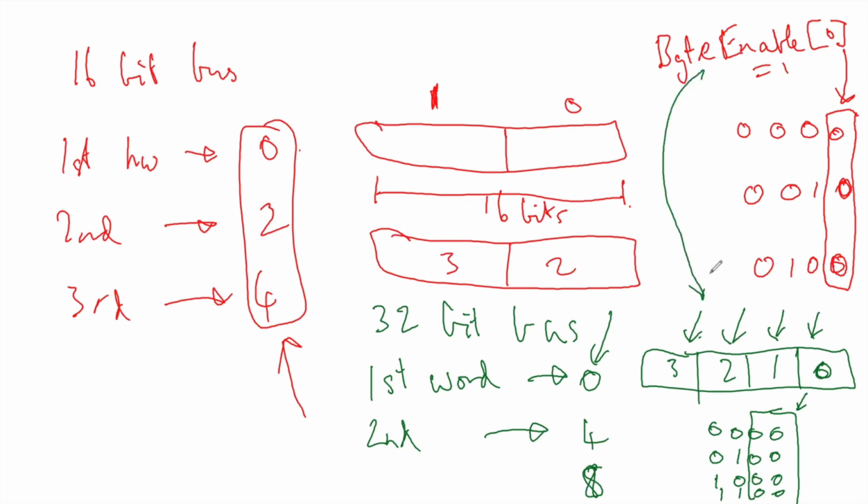So now there would be 4 byte enable bits. If we wanted to access this particular byte here, your byte enable bits would be 0, 1, 0, 0. If you wanted to access these 2 here, then your byte enable bits would be 0, 0, 1, 1.